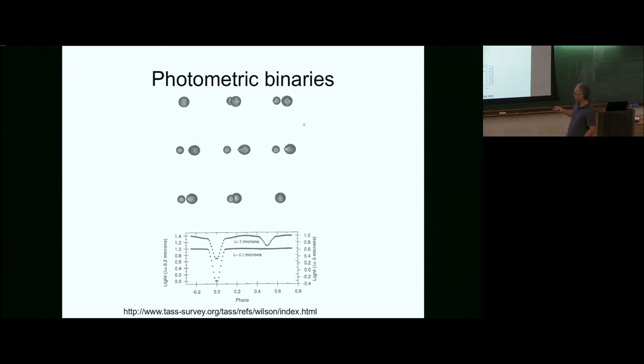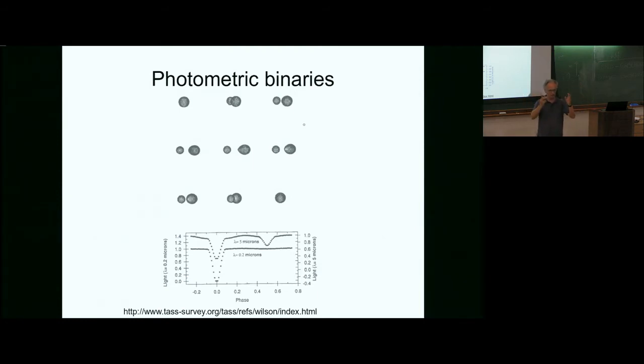If you go along in time, sometimes one star is behind the other, and then we see less light because it is shadowed by the other star.